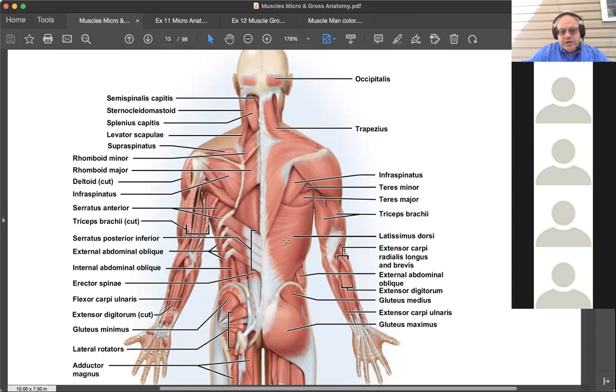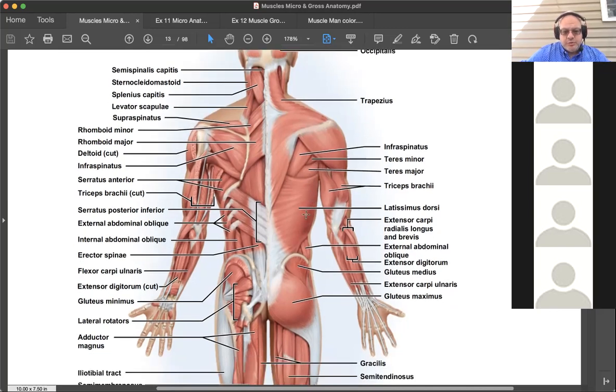So latissimus dorsi is a very wide, broad muscle that actually inserts on the humerus, and this is an adductor of the humerus. How you work the latissimus is you grab that bar overhead and pull down on it, or pull yourself up on bars, like do chin-ups, things like that.